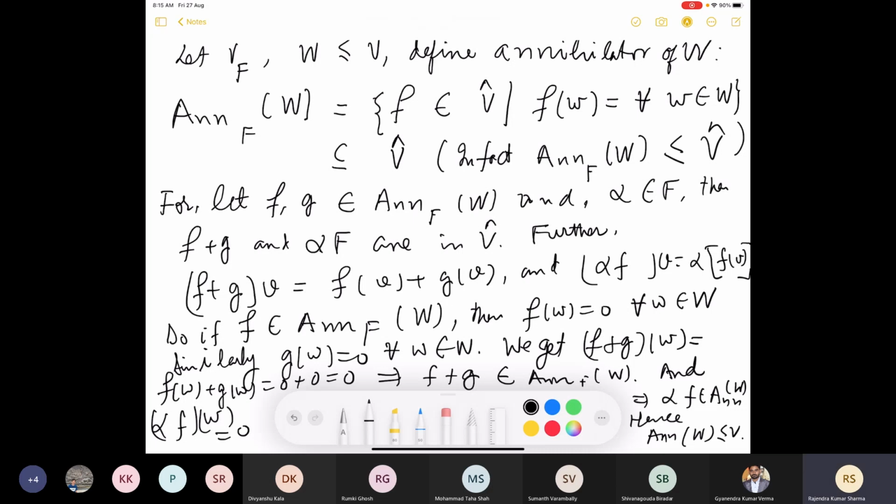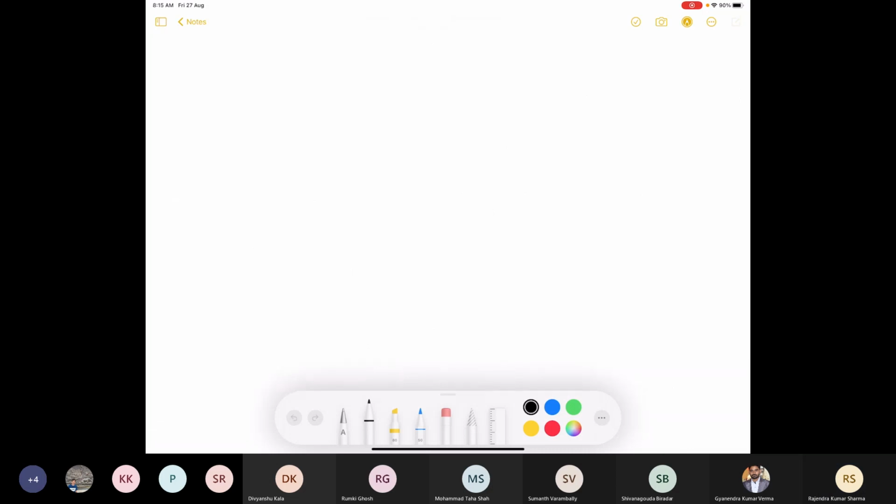You can also see that, let us take W1 is contained in W2, and they are subspaces here.